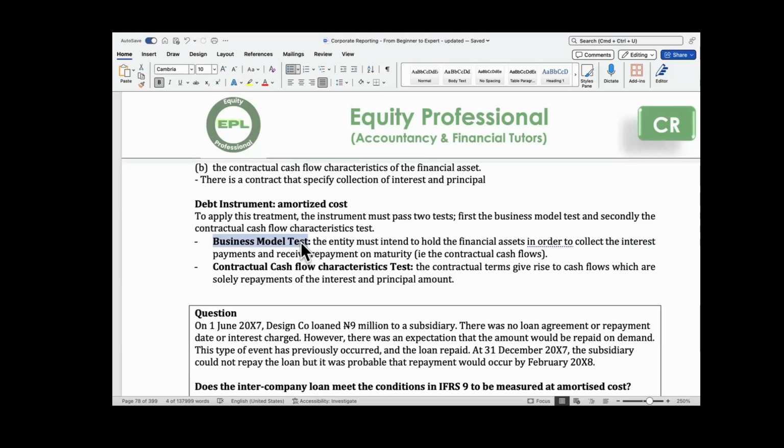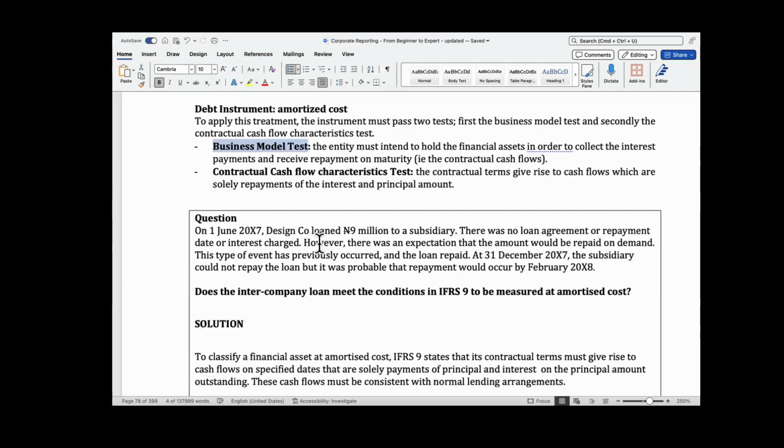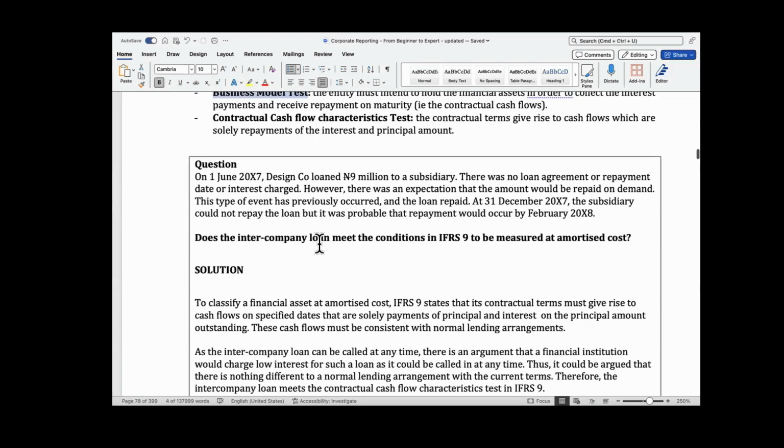But in some related party transactions, you will find that they will not charge interest. But you can still go ahead and classify it as amortized cost in as much as you know you're going to collect your money back at maturity. So that's what this question is saying. But we'll move to more clearer ones.